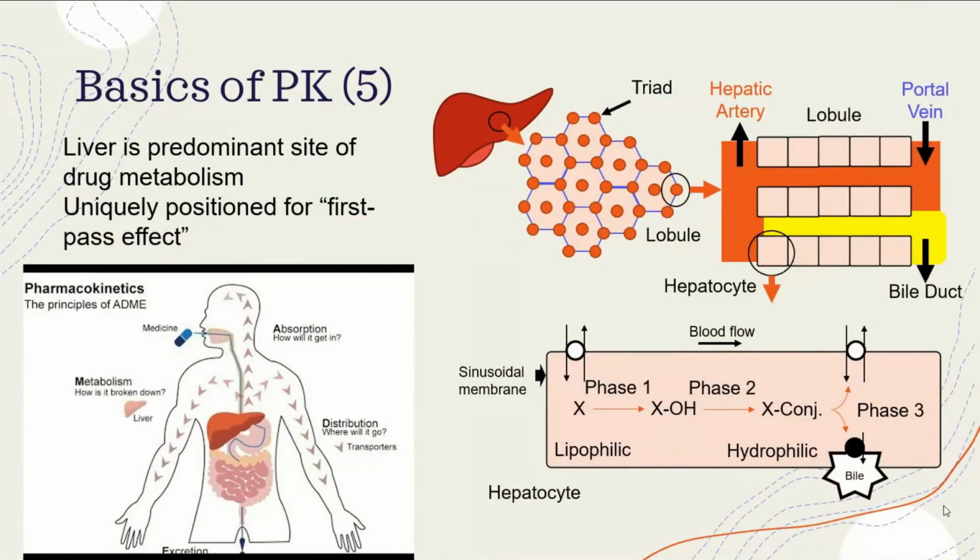So again, to continue with this idea of the ADME, but now trying to get a little bit more specific for where this biotransformation is happening, we have to really focus on the liver. And the liver is really the predominant site for drug metabolism, and it's going to be the predominant site for drug-drug interactions as well.